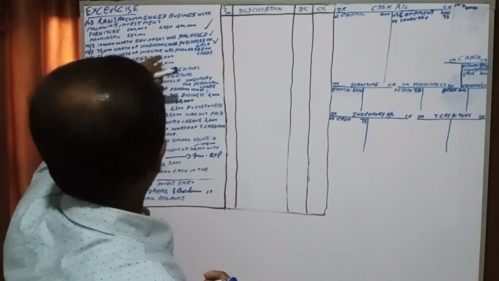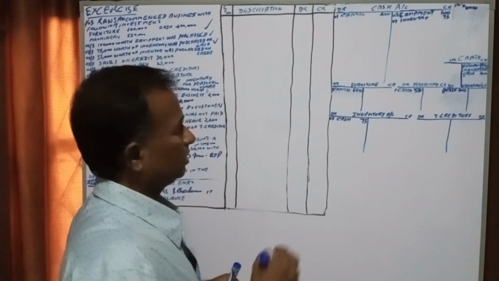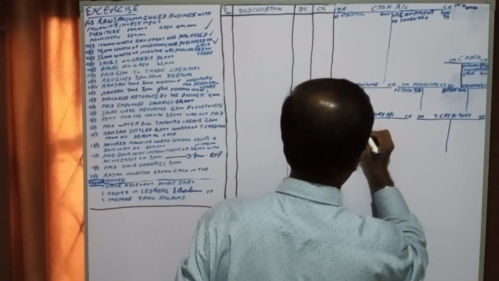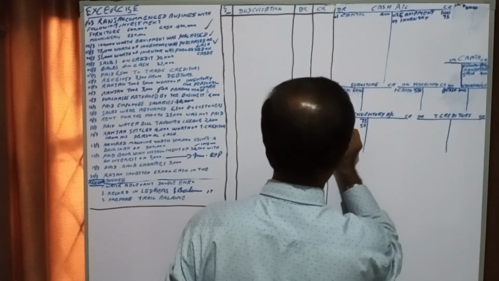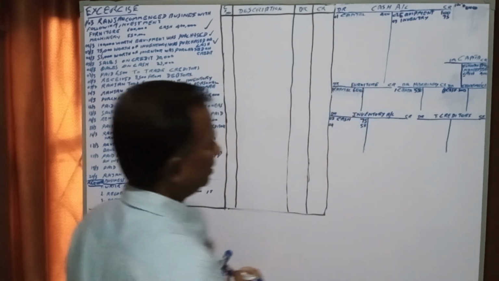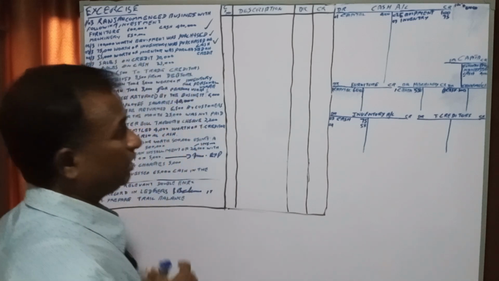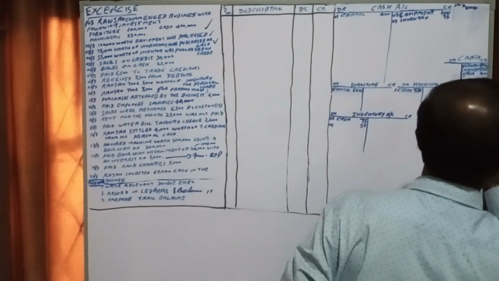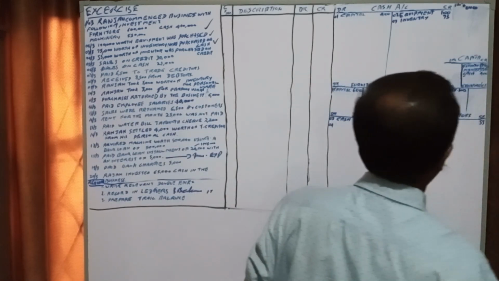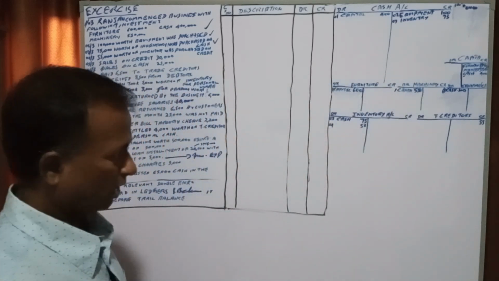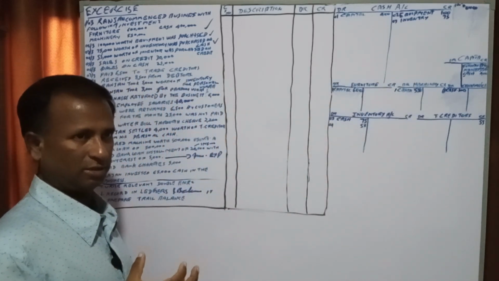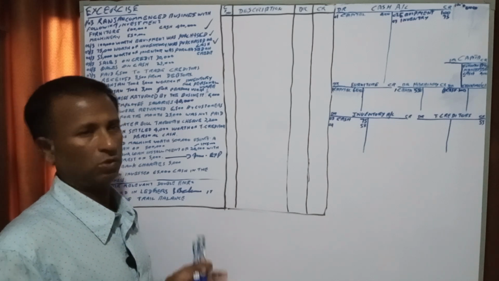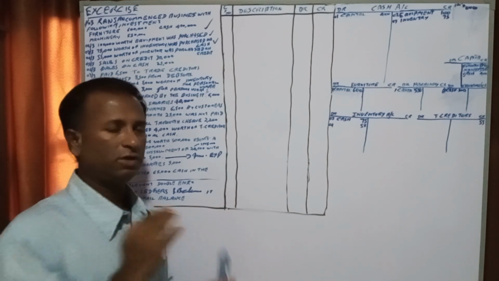The 55,000 worth of inventory is coming in, so the inventory account is debited with 55,000. It is on 4th, right? And credited to trade creditors. Why? We have purchased inventories on credit, not on cash. Here the cash element is not involved.